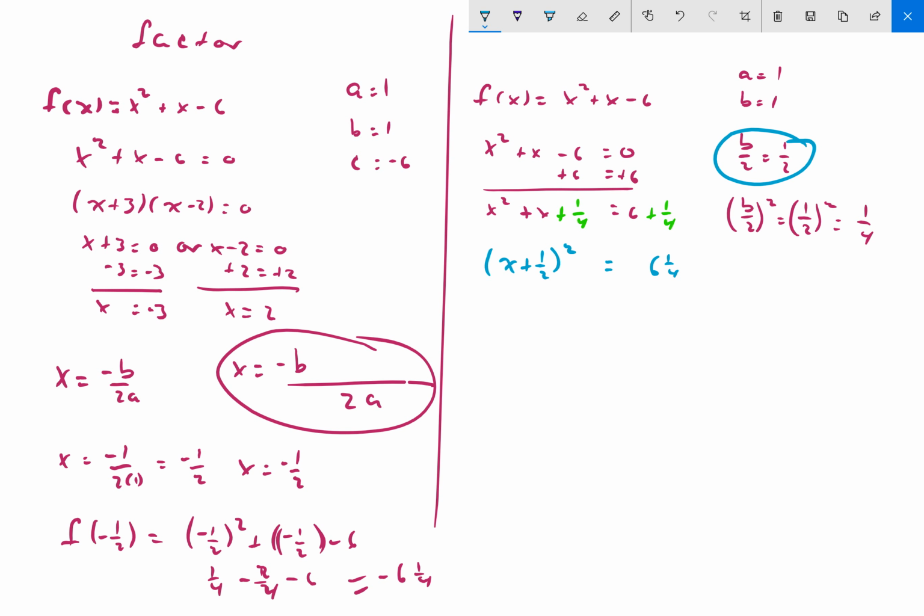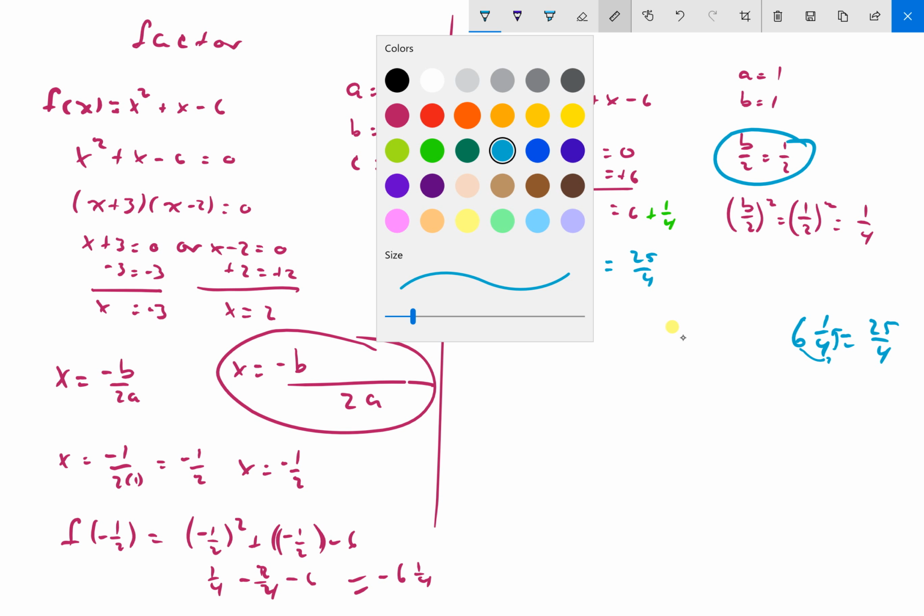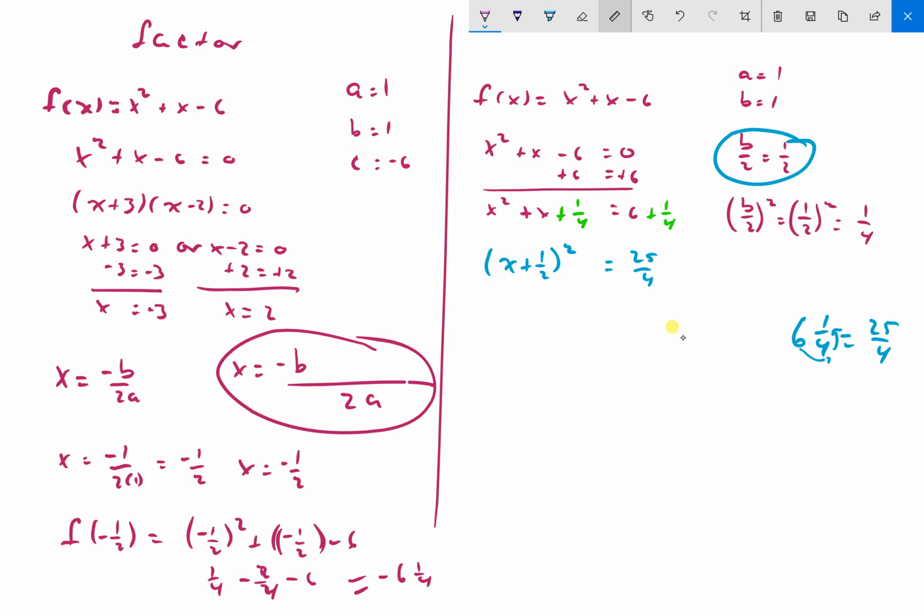And I'm not going to change this. Remember, 6 1/4 is really equal to 25/4 because 6 times 4 is 24, plus 1 is 25. So I'm going to rewrite this as 25 over 4. I'm going to take the square root of both sides. And when I do that, you have to remember that this becomes plus or minus. So x plus 1/2 equals plus or minus the square root of 25, which is 5, over the square root of 4, which is 2.